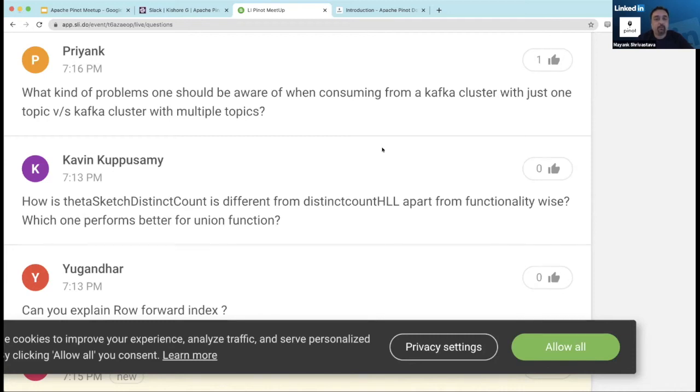And if you have way too many partitions, let's say 256 or so, and your data is not that much, you will end up with a lot of tiny Pinot data segments, which is not really good for performance. I can have Sudha also add to this, because she ran into similar issues. If you have any comments, Sudha.